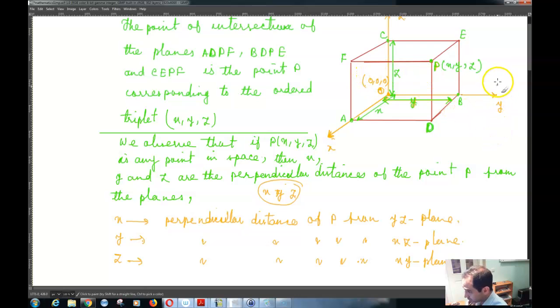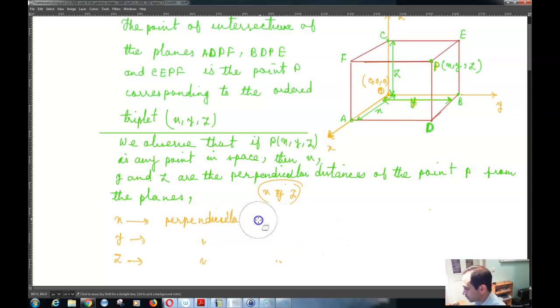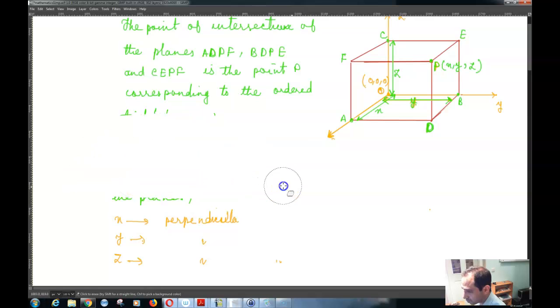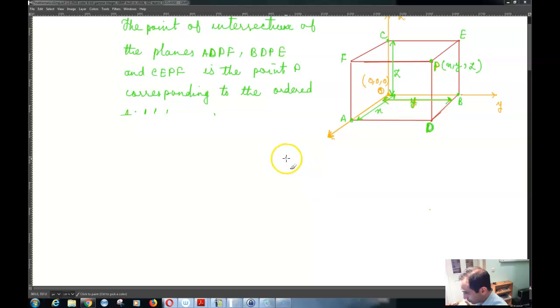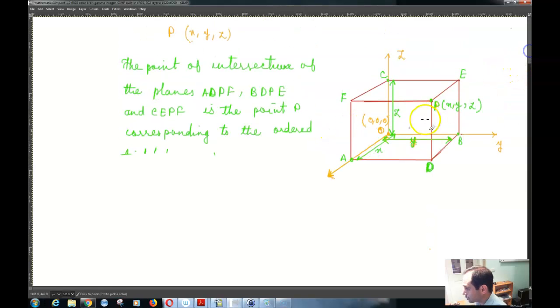And of course, naturally, any point on the x-axis, this is also important. You can use all of these facts in many different ways. So if you find any point on the x-axis, you can see that on the x-axis your y-coordinate is going to be 0, your z-coordinate is going to be 0.